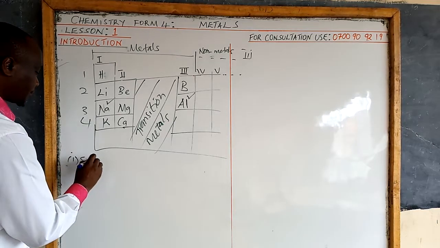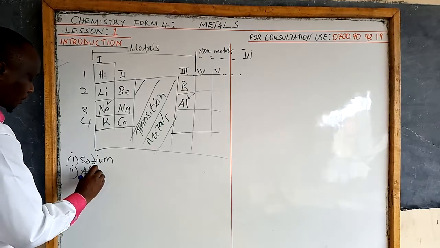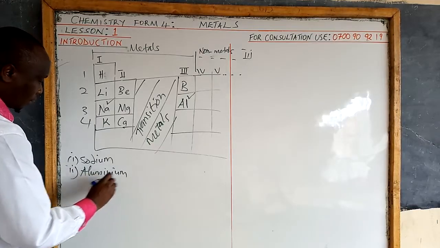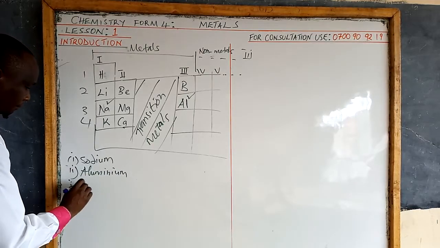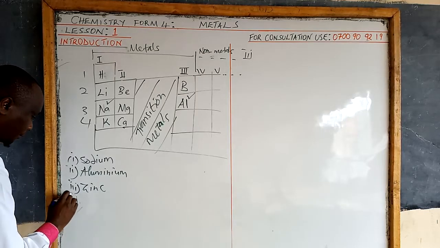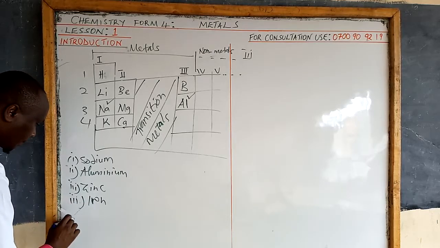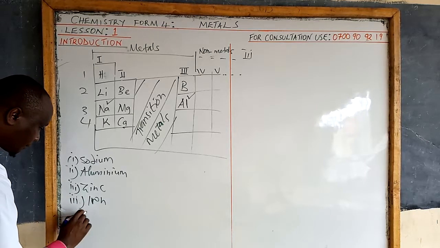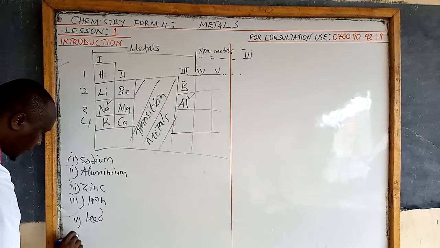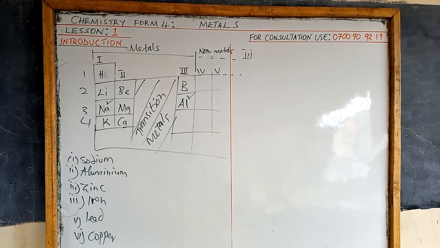We'll look at sodium, we'll look at aluminium, we're going to look at zinc, we'll also look at iron, then we'll have lead, and finally copper. So these are the metals that we are going to discuss, these 6 metals: sodium, aluminium, zinc, iron, lead, and copper.